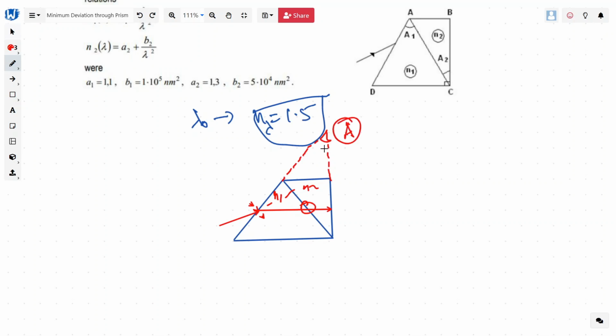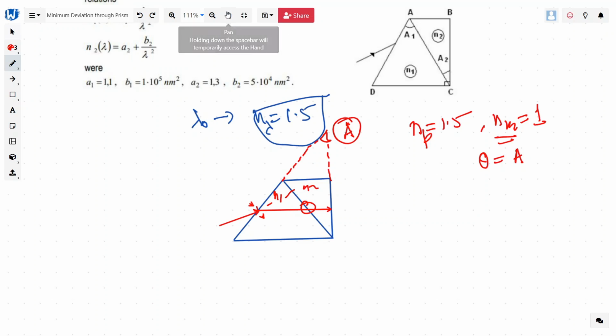Let's call it A. What we know is the refractive index of the prism, which is 1.5, and the refractive index of the medium is 1. These two we know. If we can find theta, which is A, then we can simply write the equation and find the minimum deviation. So this was a trick that you have to use. You have to be aware of this and try it out yourself.